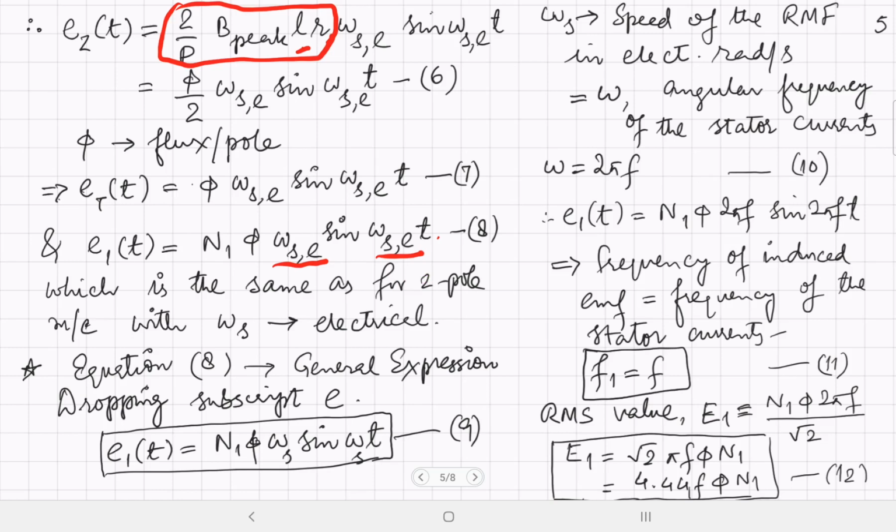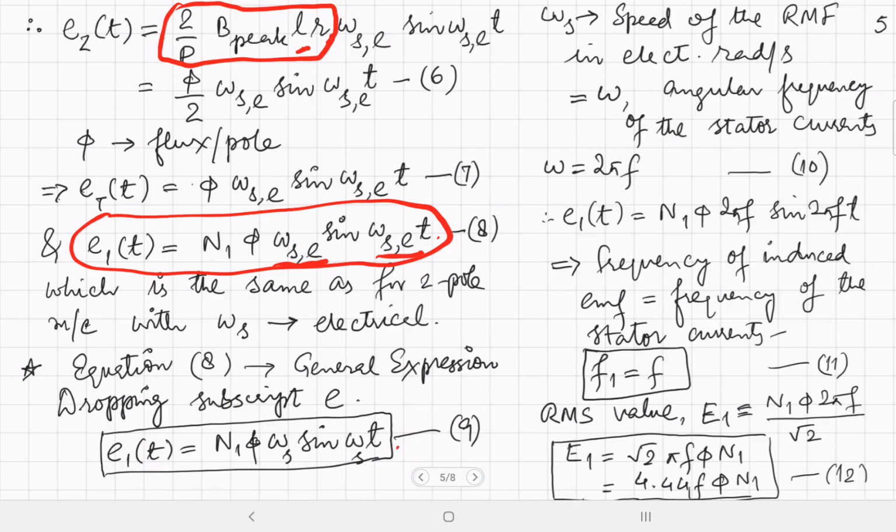So therefore equation 8 is the general expression for the EMF induced, and henceforth we'll be dropping the subscript E, and we'll keep in mind that omega has always to be in electrical radians per second.